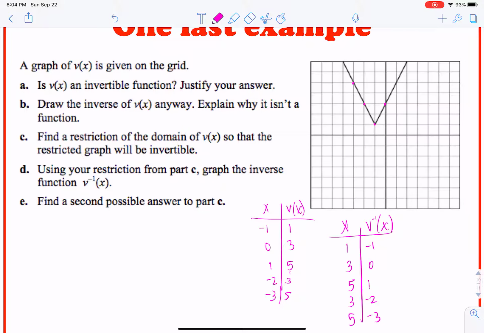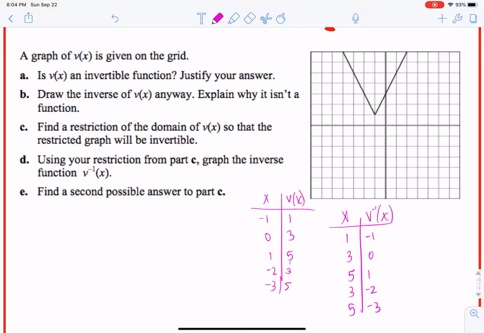And I'll just go ahead and I'll plot these points. So over 1 and down 1, over 3 and up 0, over 1, 2, 3, 4, 5, and up 1, over 1, 2, 3, and down 1, 2, and over 1, 2, 3, 4, 5, and down 1, 2, 3.